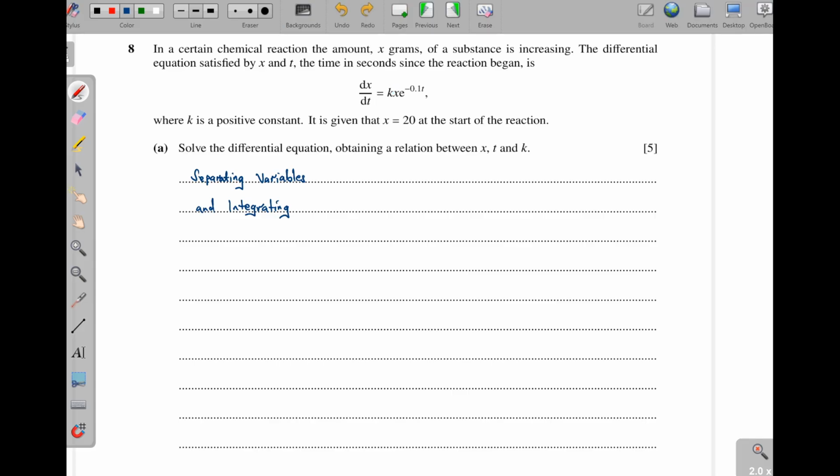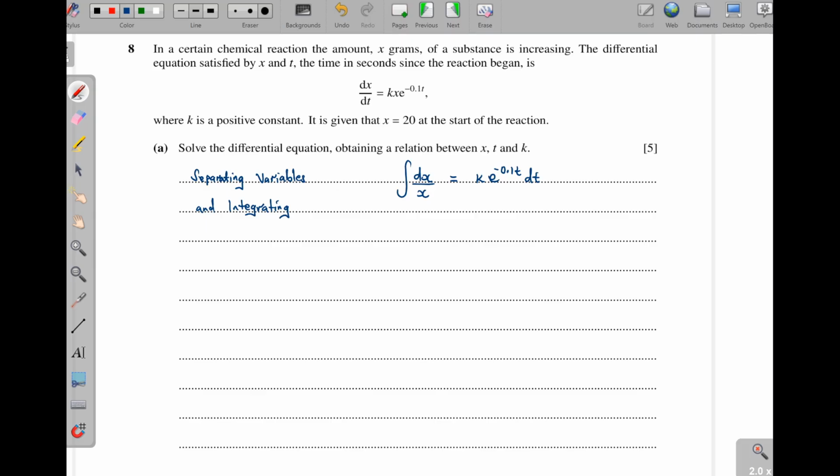When I cross multiply, this x will just go here, then the dt will come up there. So we shall have dx over x equal to k e to the power of negative 0.1t dt. If you want, you can take this k together with the x down here, but no need.